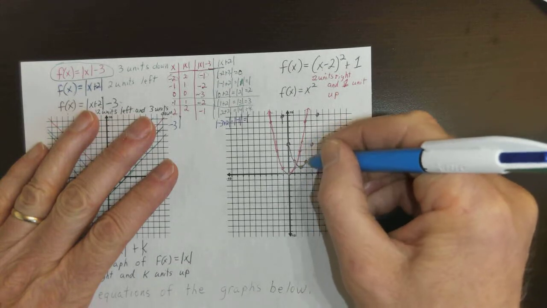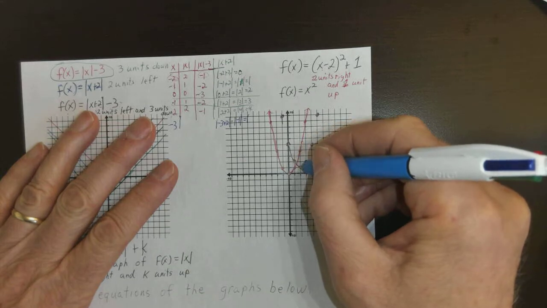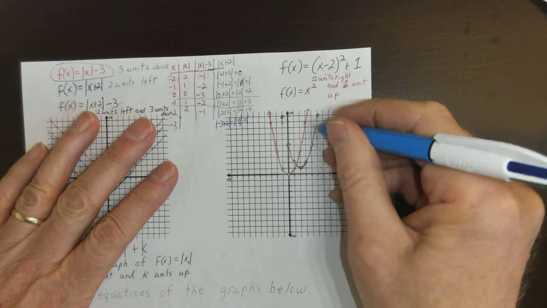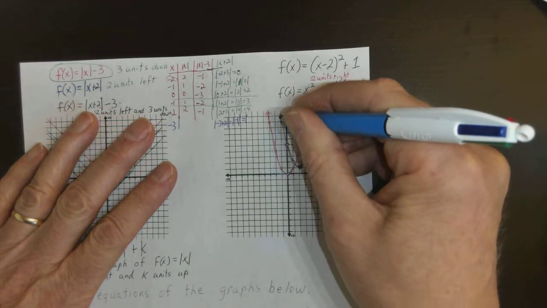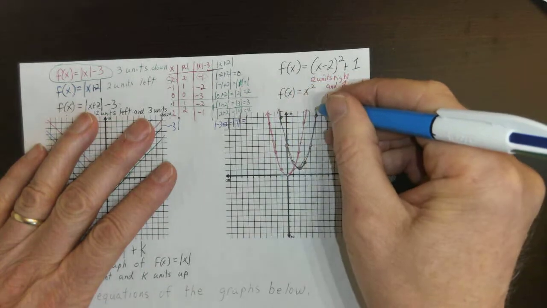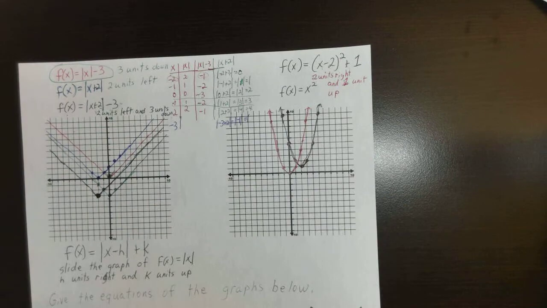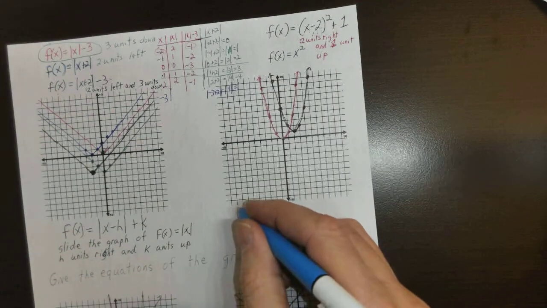Remember, this is a curve. This is not a straight corner that curves through the vertex. It does not come down and make a V or anything like that. So I slid it 2 units right, 1 unit up, based on that.